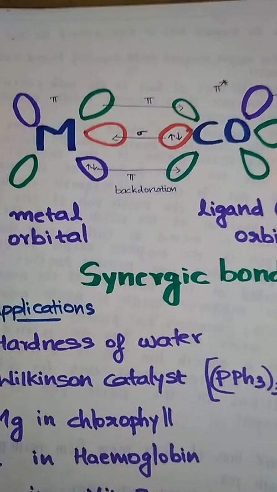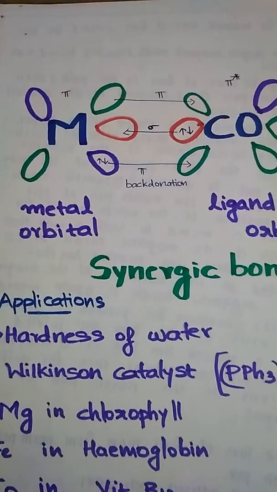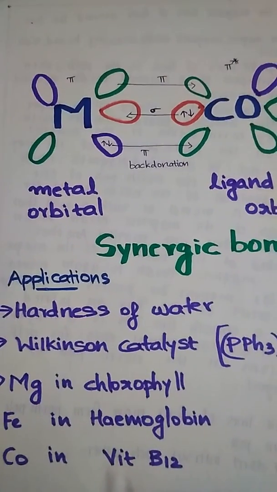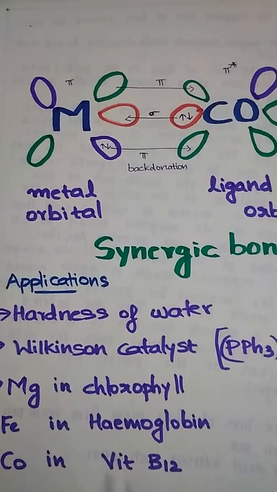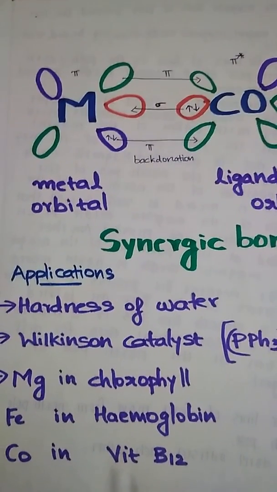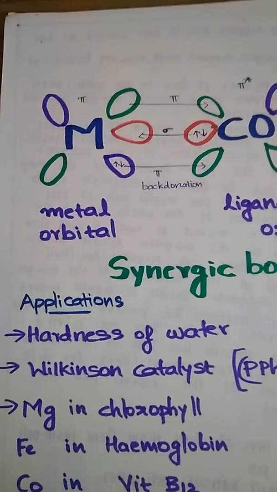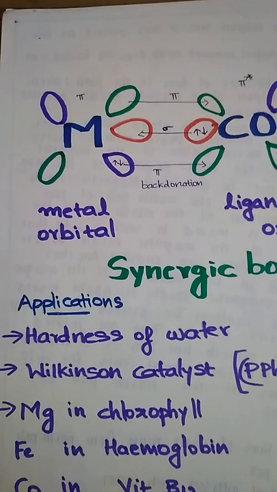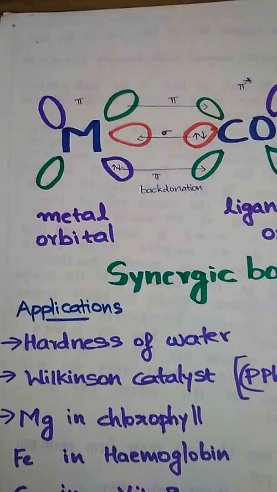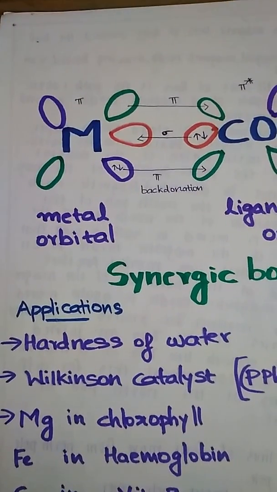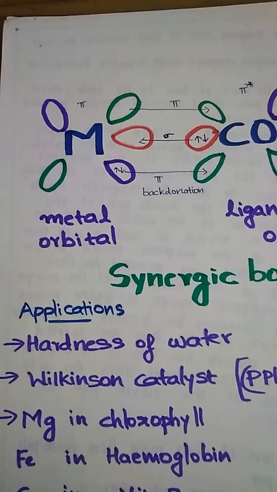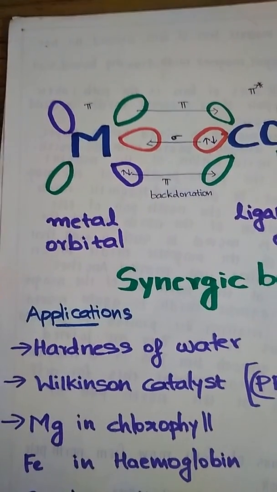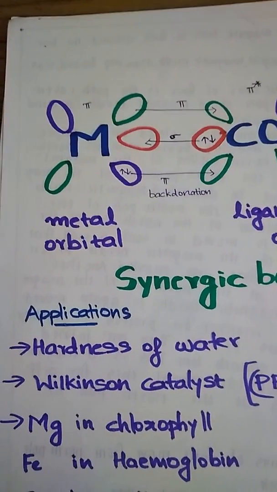Next, I will describe a few applications of coordination chemistry. These metal carbonyls are examples of coordination chemistry. For example, for checking the hardness of water, we usually take a ligand, that is EDTA, which comes under complexometric titration. There are two types of hardness, permanent and temporary hardness.